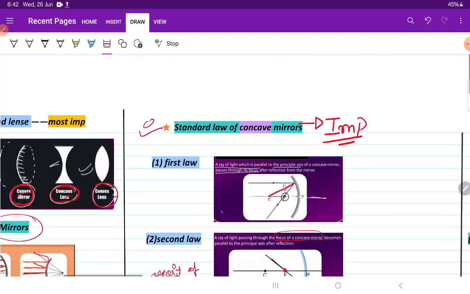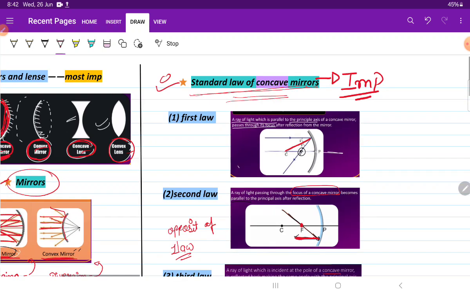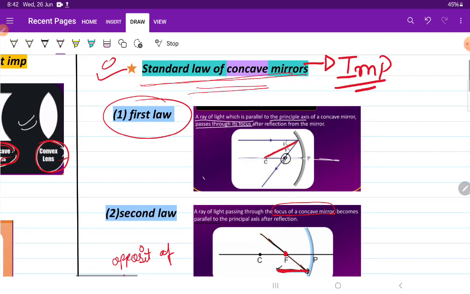Now, without wasting your time, let's start with the standard laws of the concave mirror. The first law of the concave mirror states that when a light ray is parallel to the principal axis, it will pass through the focus.